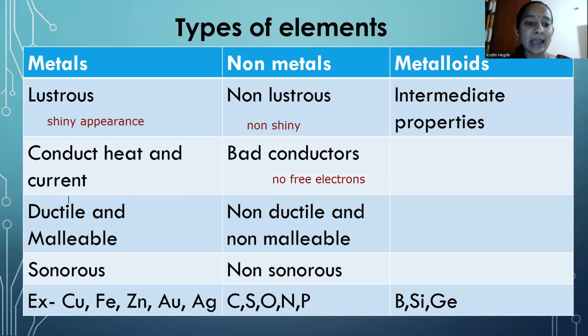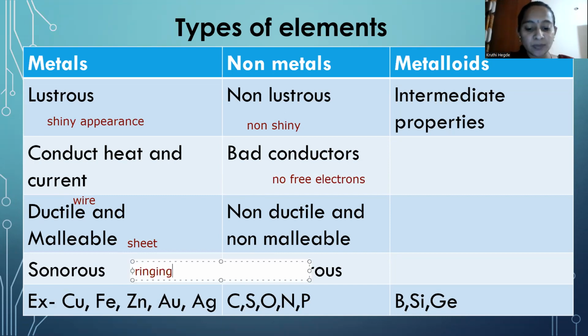Metals are ductile, which means we can make them into wire, and malleable, which means we can make them into sheets. Non-metals are non-ductile and non-malleable. Sonorous means they produce a ringing sound, as we have seen in bells of temples, churches, or school bells.